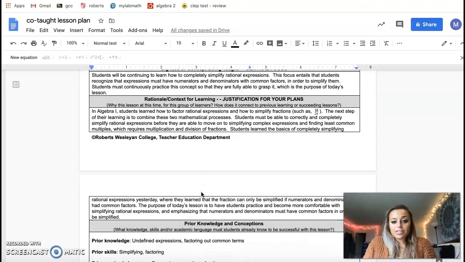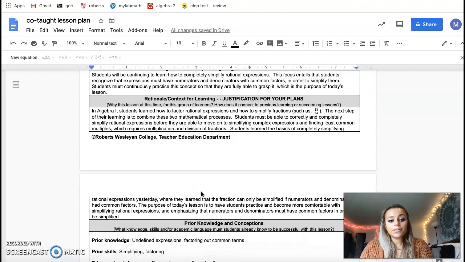My justification would be that in Algebra 1, students learn how to factor rational expressions, and they also learned how to simplify fractions. Looking at this lesson plan, it says such as 18 over 24, which is easy. Kids could do that super quickly, they know that.